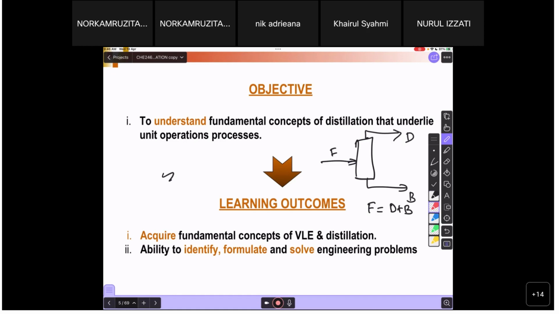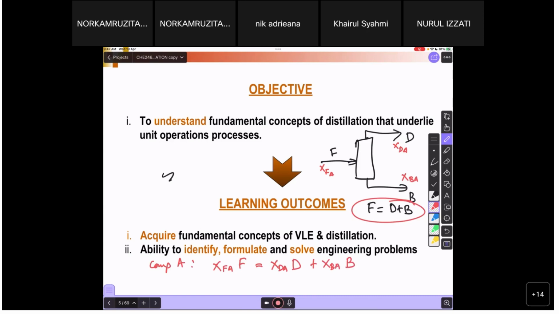Component A is normally what you collect in the system. This gives you the compositions XFA for the feed, XDA for the distillate, and XBA for the bottom. So this is the overall material balance, and the other one is the component A material balance: XFA multiplied by the flow rate of the feed is equal to XDA multiplied by the flow rate of the distillate plus XBA multiplied by the flow rate at the bottom.